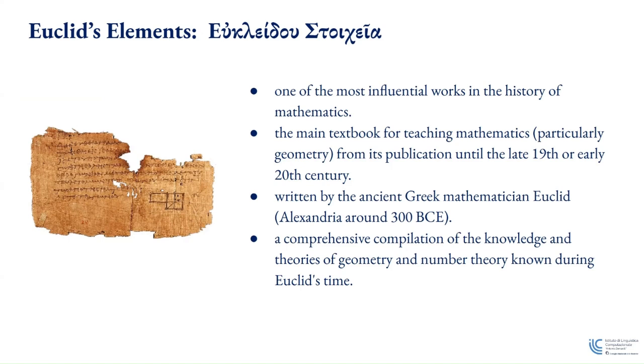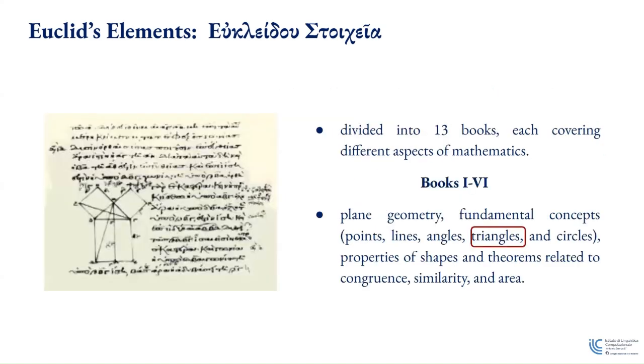It was written by the ancient Greek mathematician Euclid, who lived in Alexandria around 300 before Christ. It's a very comprehensive compilation of all the knowledge and theories about geometry and number theory known during Euclid's times. It's divided into 13 books, each covering different aspects of mathematics.